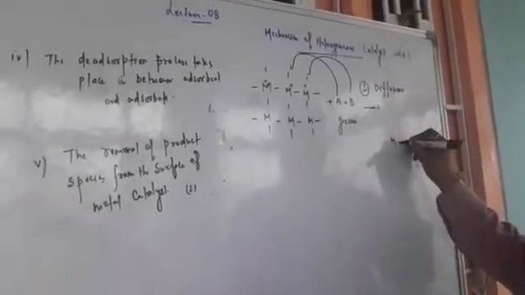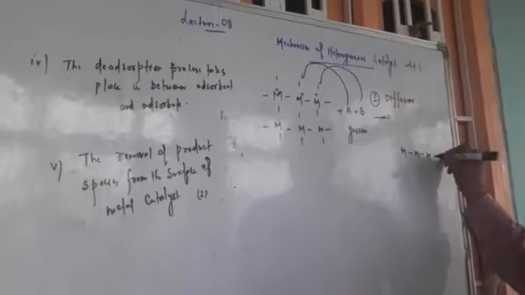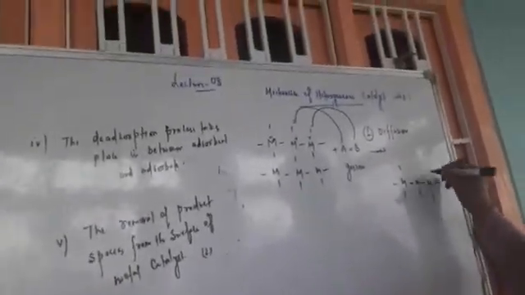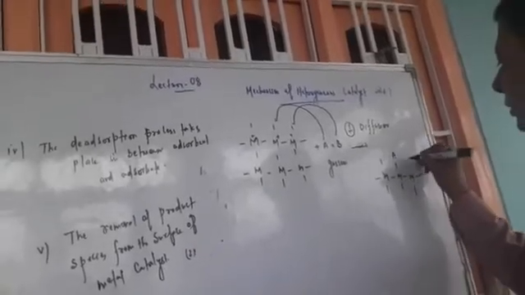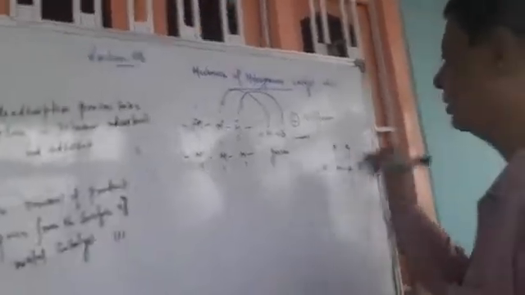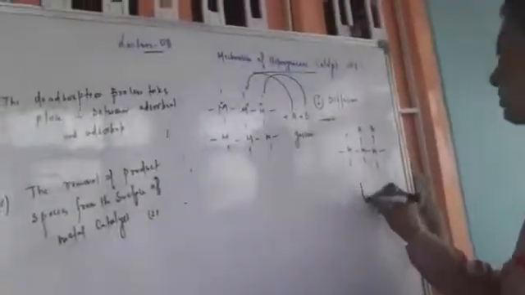This is the metal surface. Diffusion. Next step, the second step, is adsorption.